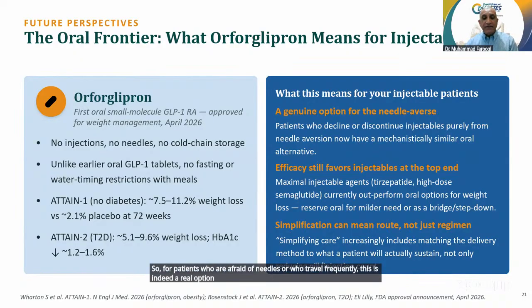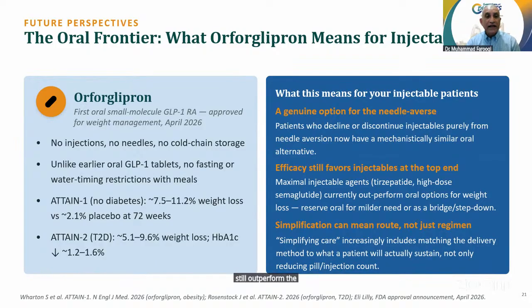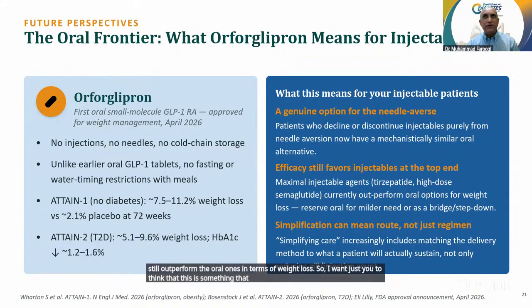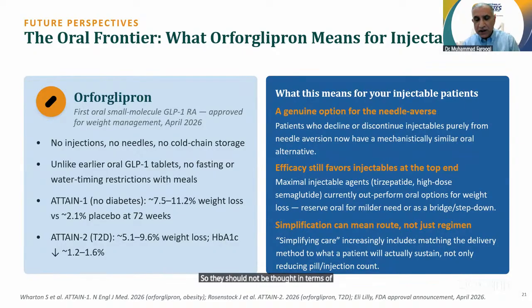But at today's evidence, the injectable agents at maximum dose still outperform the oral ones in terms of weight loss. So I just want you to think that this is something that is now available to you in terms of the oral agents, but in terms of efficacy, the injectables still outperform the oral ones.